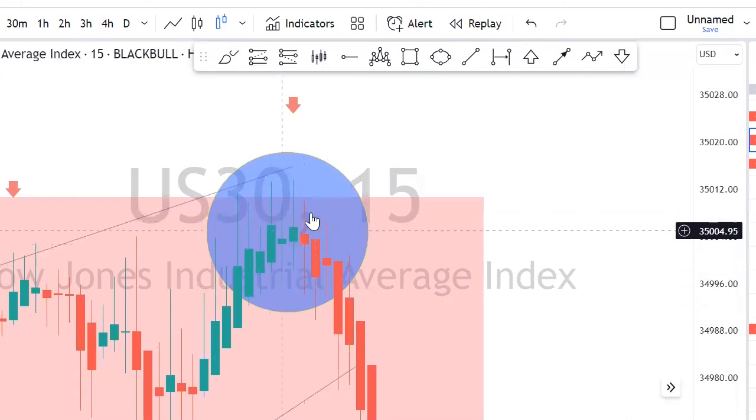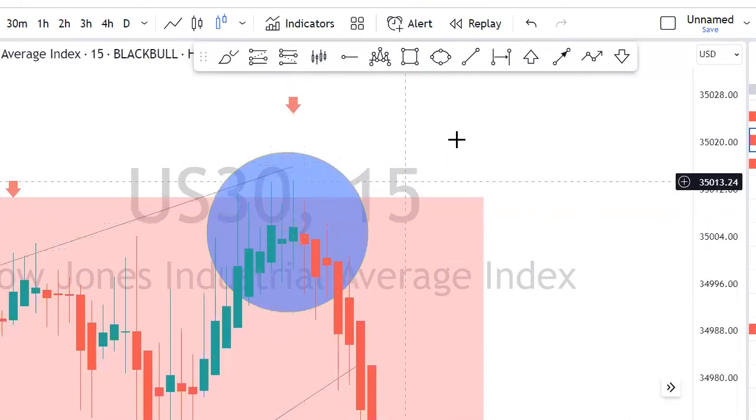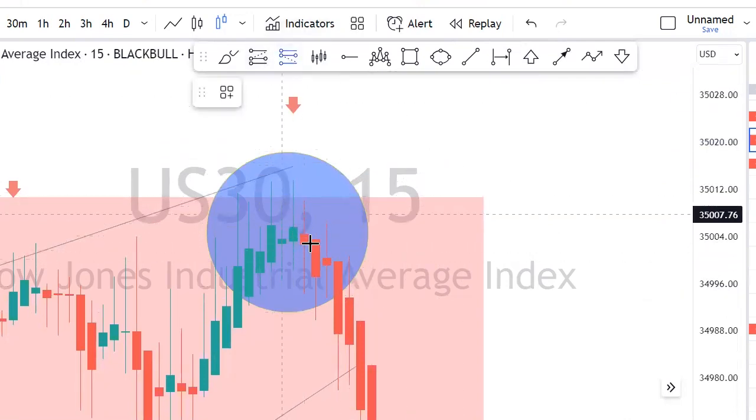That's the third one. And the fourth confirmation is that on the third touch, this area within the circle, we have 3 bearish candlesticks right after the rejection. That means now we are comfortable to enter at the opening of the fourth candlestick.